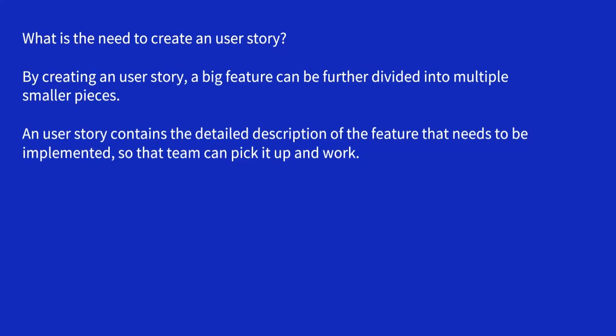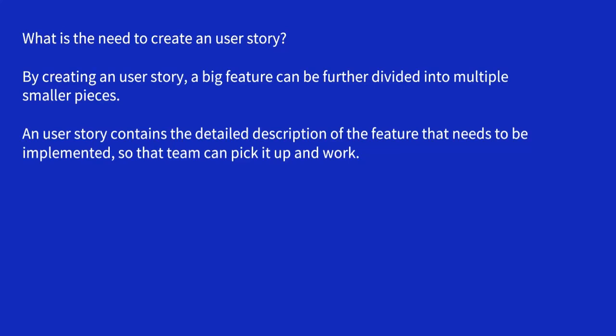Assume that there is a big project, a big requirement. Rather than working on the project as a whole, we can break it down into multiple pieces, and we can mark each as a user story. For instance, take Facebook.